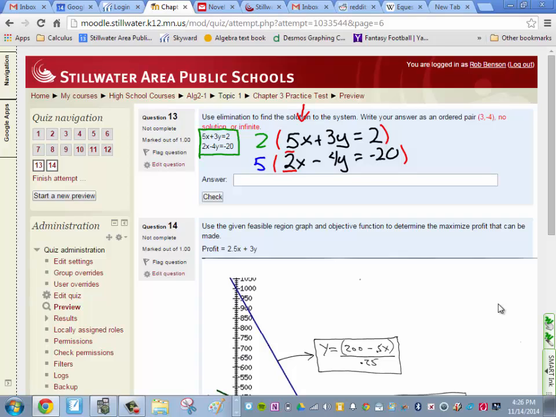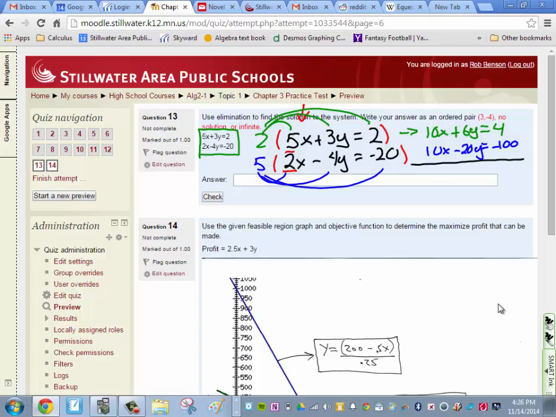When we distribute, I get 10x plus 6y is equal to 4. And then when I distribute the bottom, I get 10x, thankfully, minus 20y is equal to negative 100.